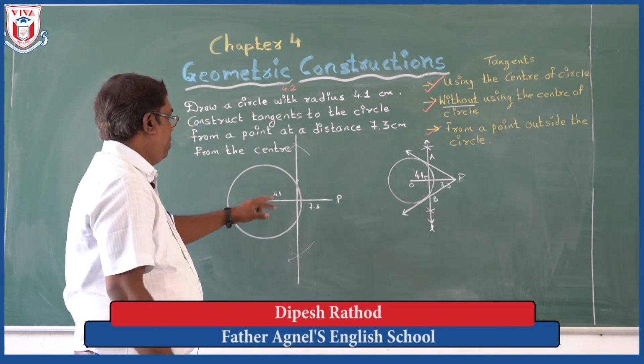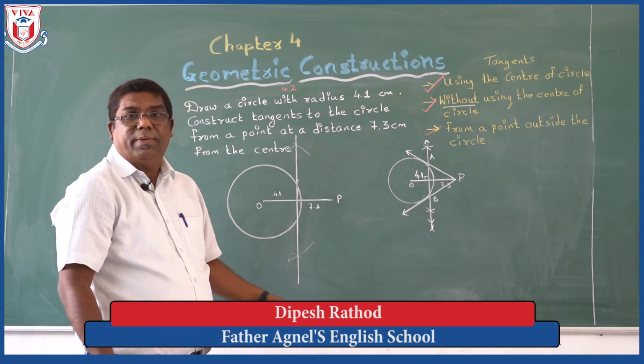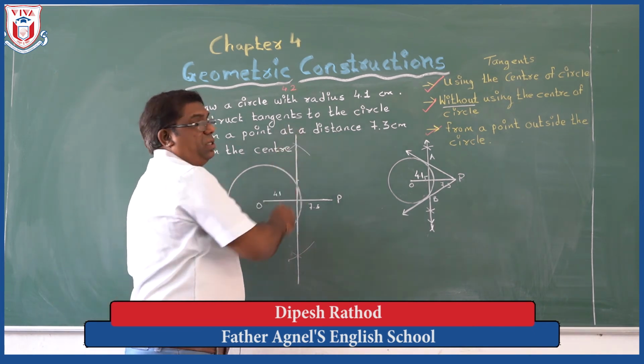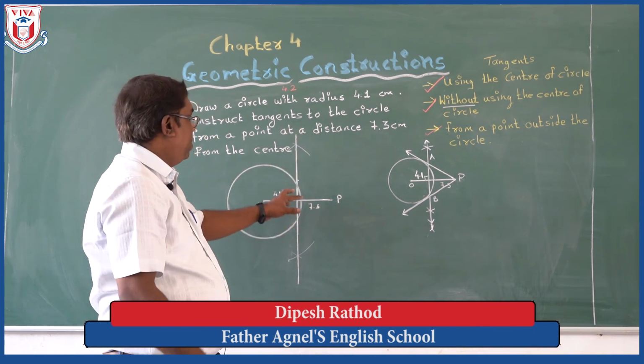This is our line out here, this is my tangent. So this is one of the lines to draw the tangent.